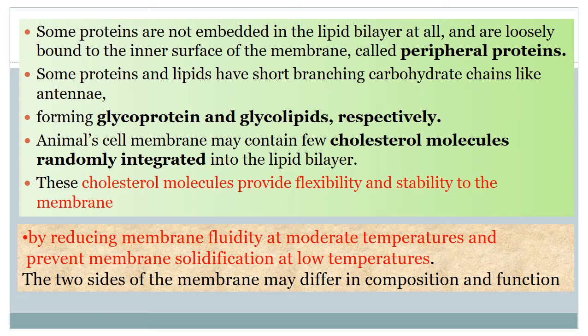Cholesterol molecules provide flexibility and stability to the membrane by reducing membrane fluidity at moderate temperatures and preventing membrane solidification at low temperatures. So the two sides of the membrane may differ in composition and function.